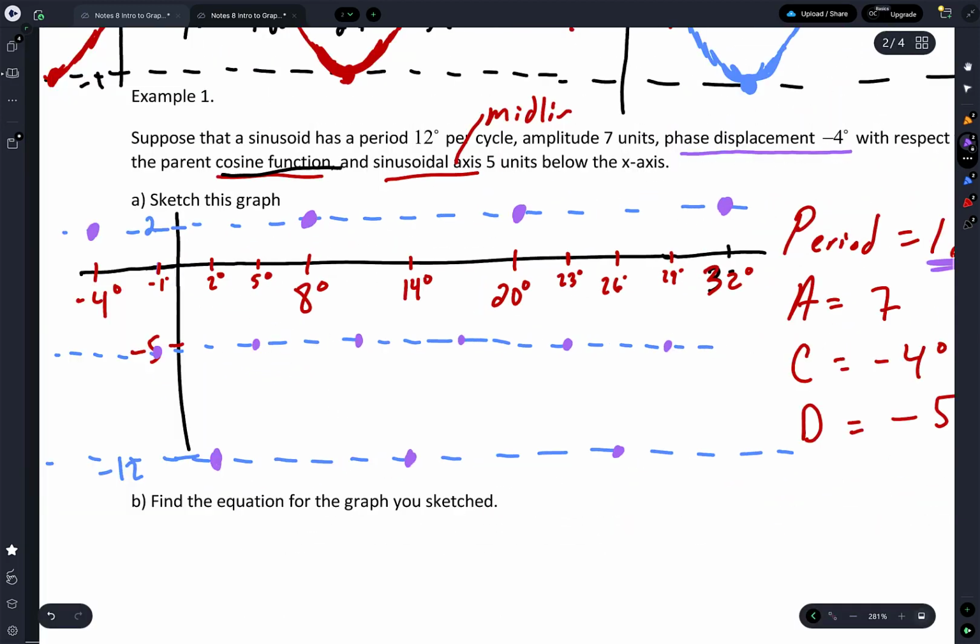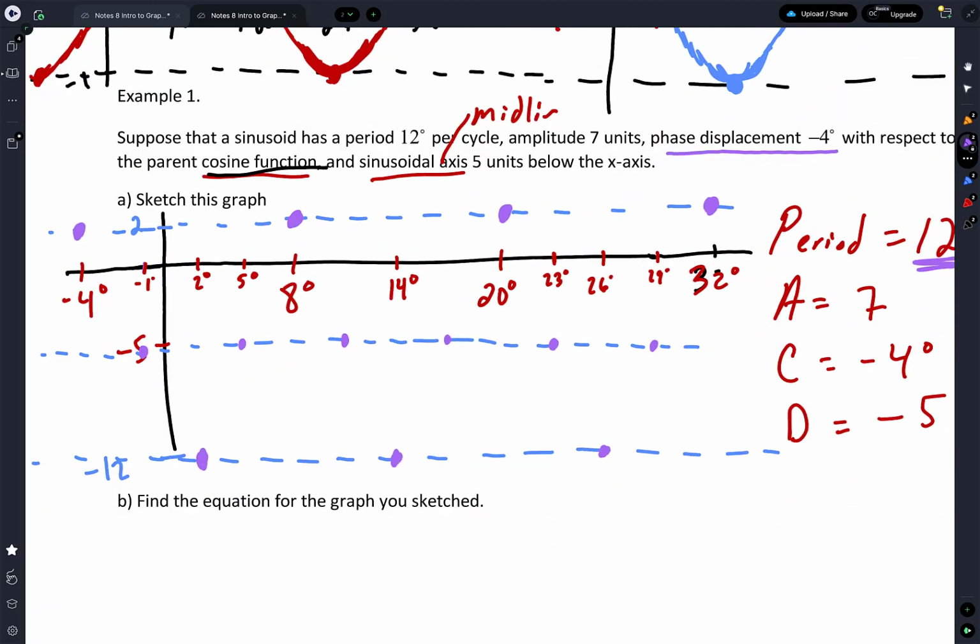All right, so now we're ready to do our sketch. Everywhere you have a maximum, upside down bowl, aim it towards the points of inflection. Anywhere you have a minimum, a bowl, aim it towards your points of inflection.